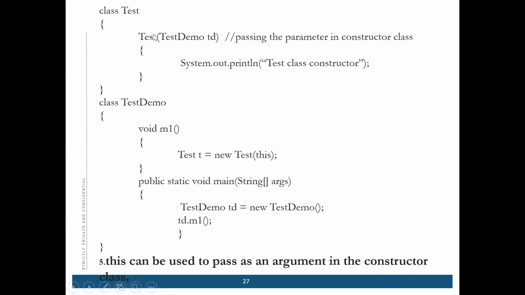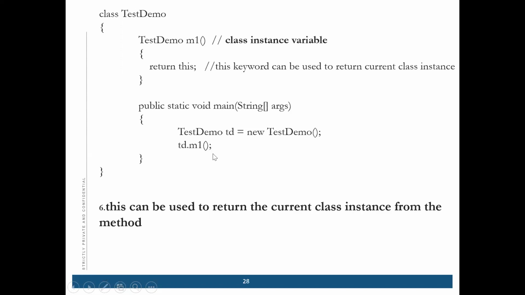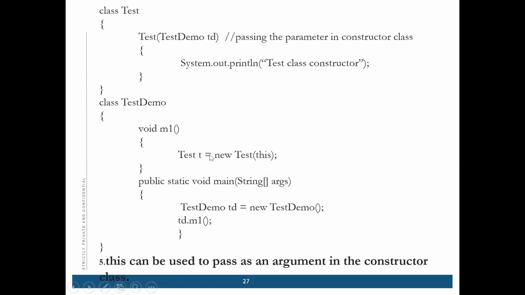So in this constructor, what we are passing as a parameter is another class object. How can we call this constructor?